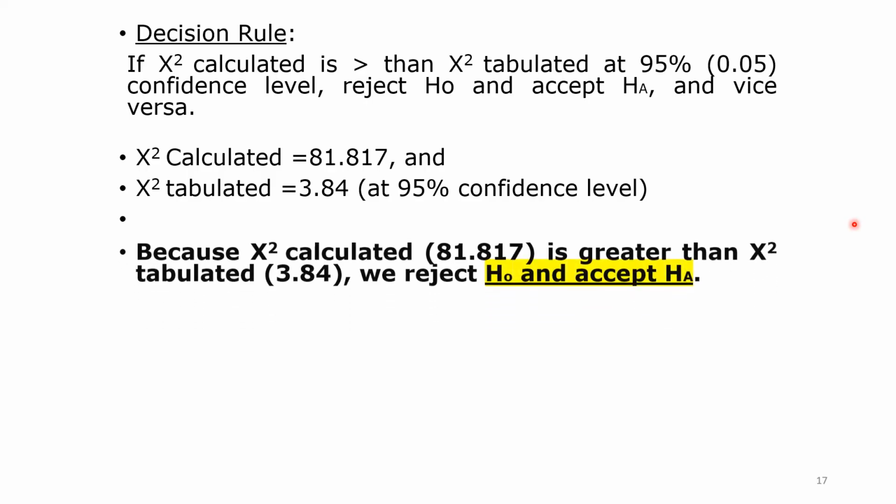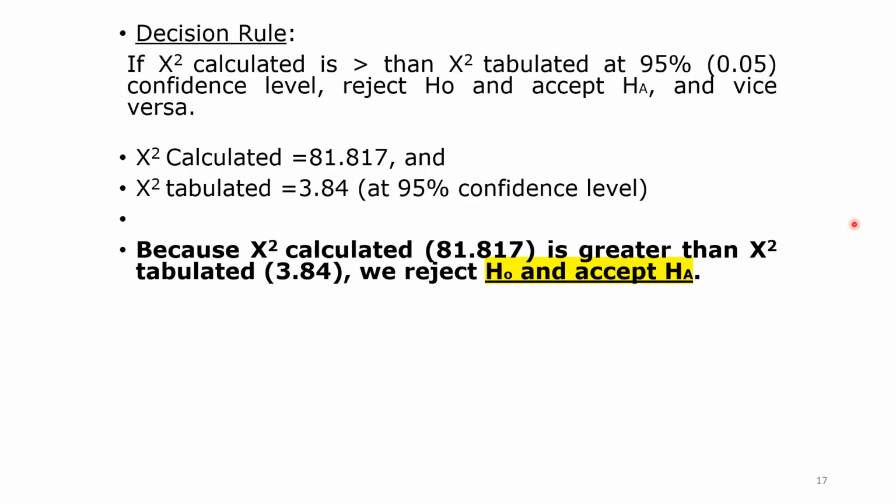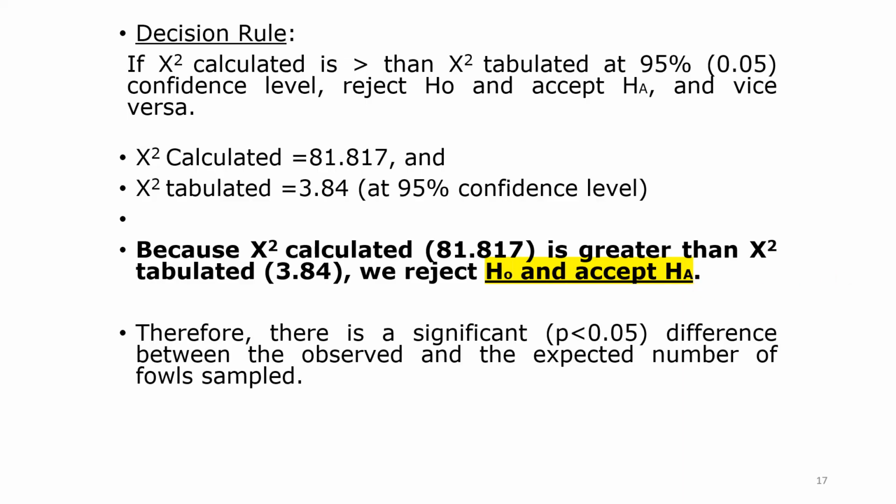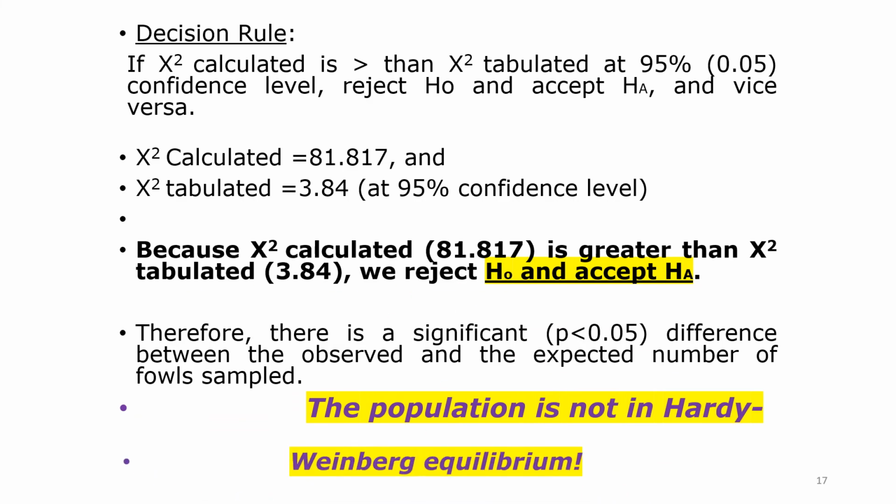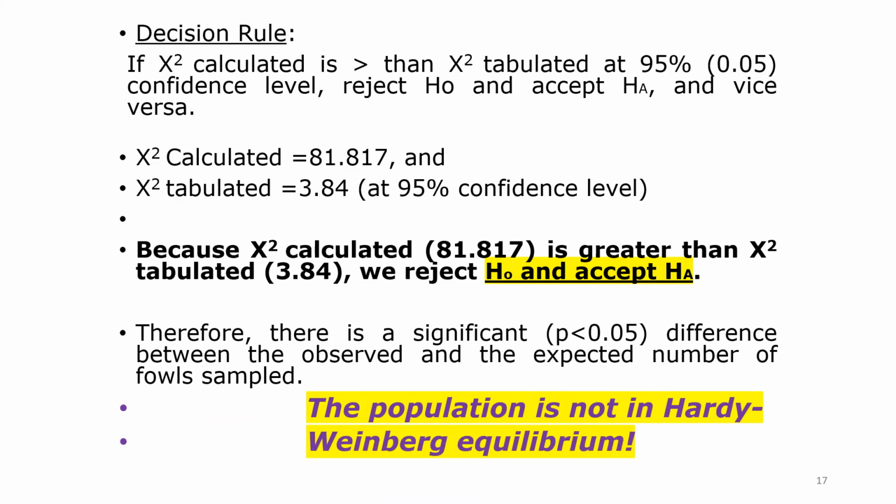So therefore, we are going to reject Ho, the null hypothesis, and accept the alternate hypothesis. So we conclude by saying that there is significant difference between the observed and the expected number of fowls. So in this particular population, the Hardy-Weinberg equilibrium law is not being obeyed.